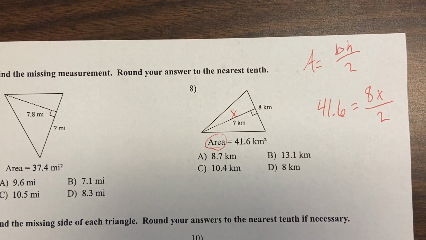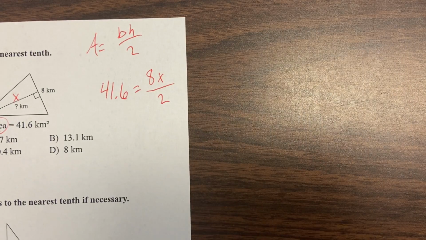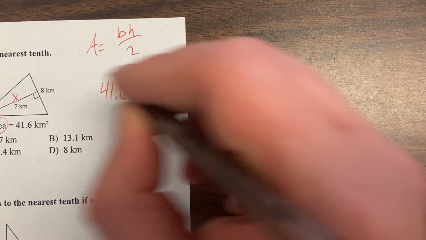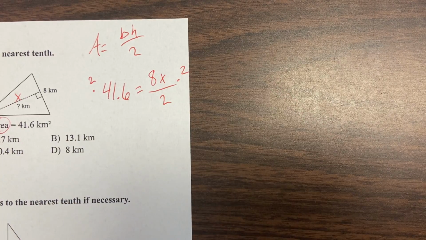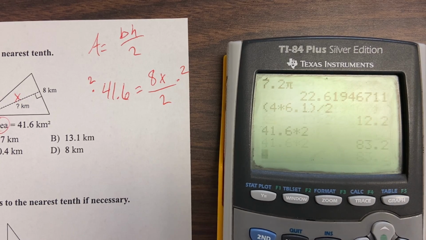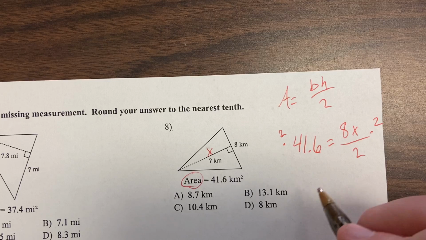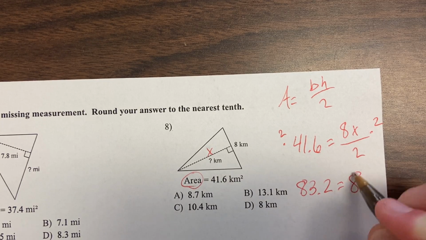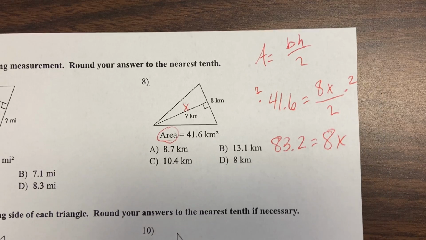We need to find the missing side length, so we need to solve for x. The first step is to multiply both sides by 2. So 41.6 times 2 gives us 83.2, which is now equal to 8x.